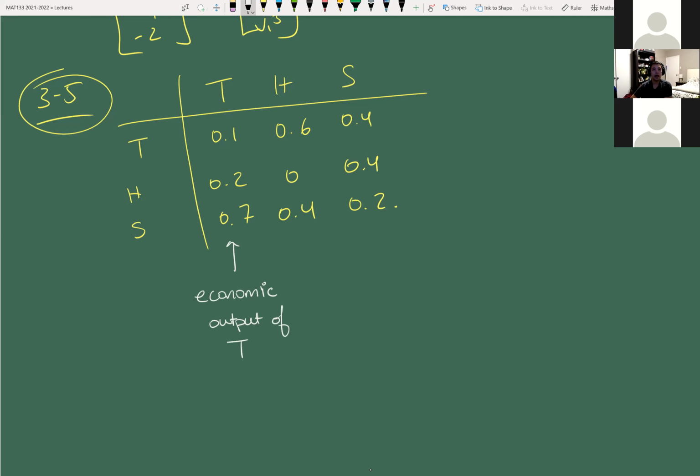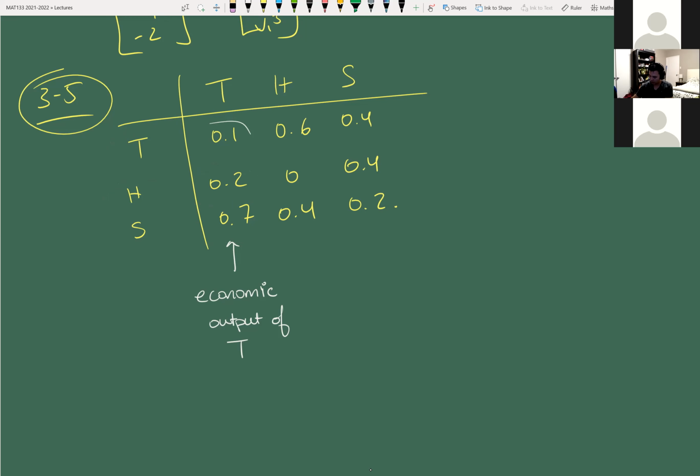The way we read this is that 0.2, or 20%, of the total economic output is purchased by the hydro company. That's what this means. And 70% of it is purchased by whatever S is, the services economy. And then 10% is retained as operating costs. Okay, so that's how we read this table.